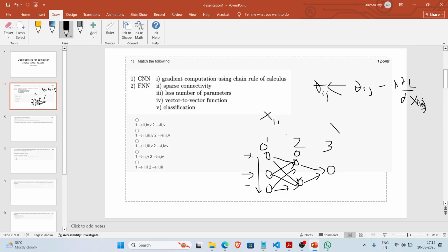What more information do you need here? And this is the parameter, plus the bias term. Suppose the bias term is taken into this.